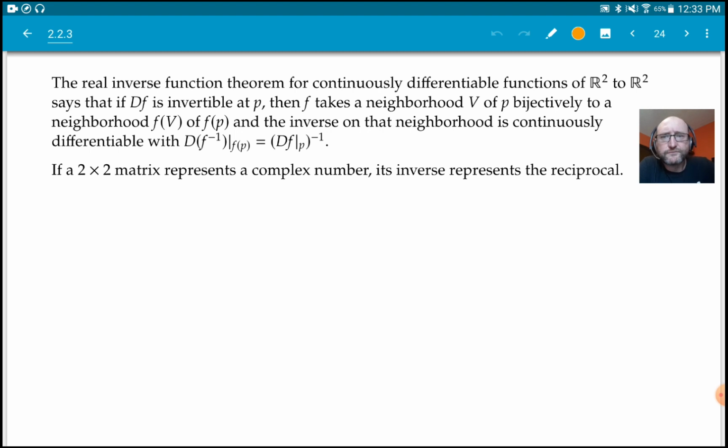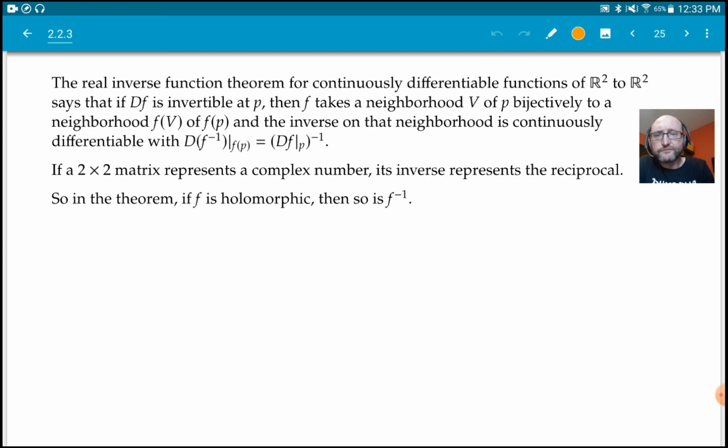Okay. Now, if a 2 by 2 real matrix represents a complex number, then its inverse, the inverse of the 2 by 2 matrix, represents the reciprocal of that complex number, right? So if a matrix represents multiplication by a plus ib, then its inverse represents multiplication by 1 over a plus ib, right?